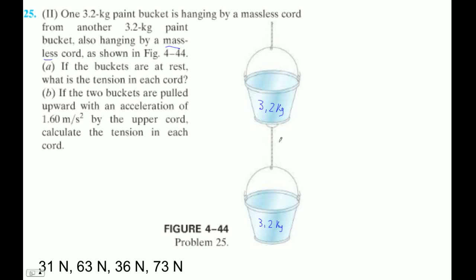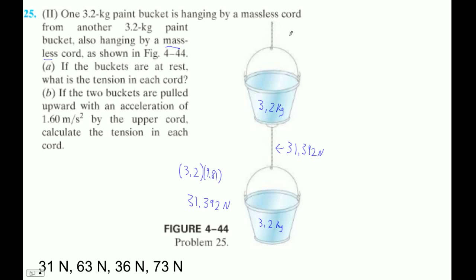Okay, so let's see, 3.2 times 9.81. These each weigh 31.392 newtons. That is, I got that by going 3.2 times 9.81. So if the buckets are at rest, or moving at a constant speed in any direction, the tension in the lower cord has one bucket hanging on it, so that is going to be 31.392 newtons.